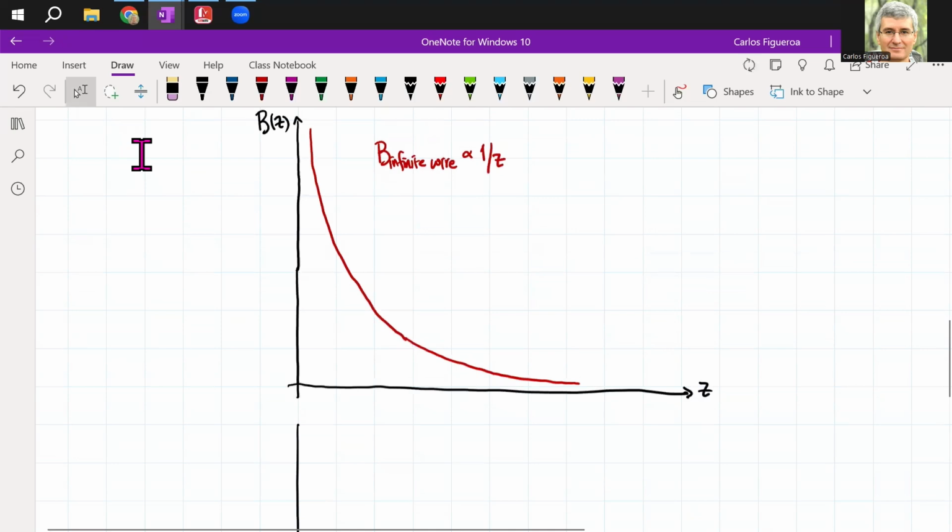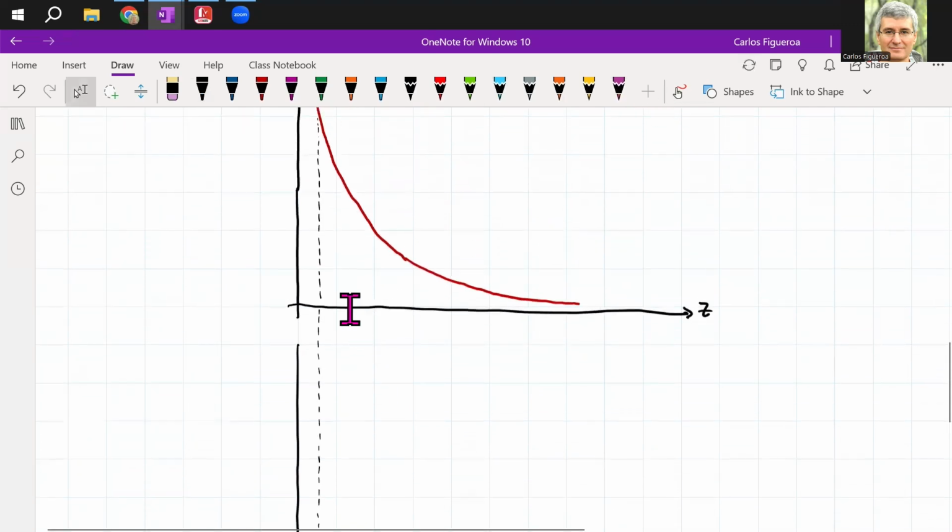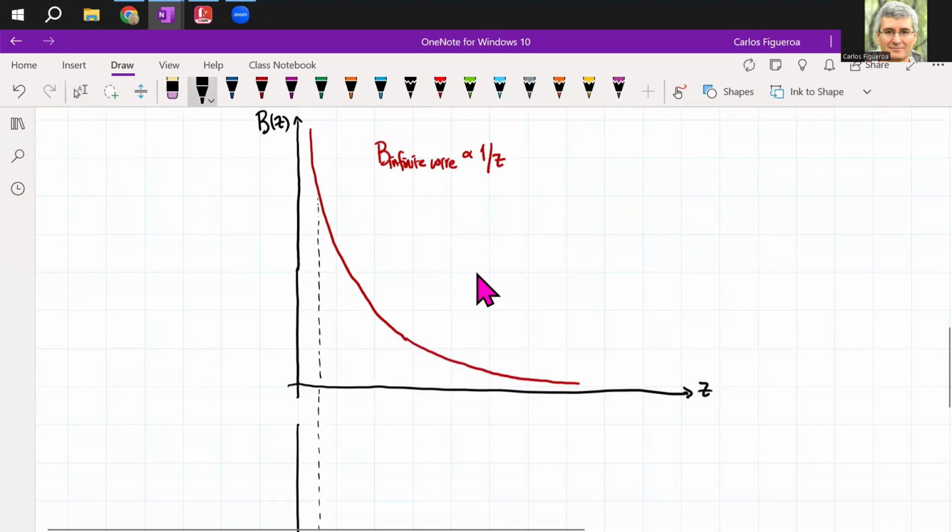So if I pick this point, which is really small, and I go right over here, you're going to see that I'm going to have a really large magnetic field because it has a really small distance.